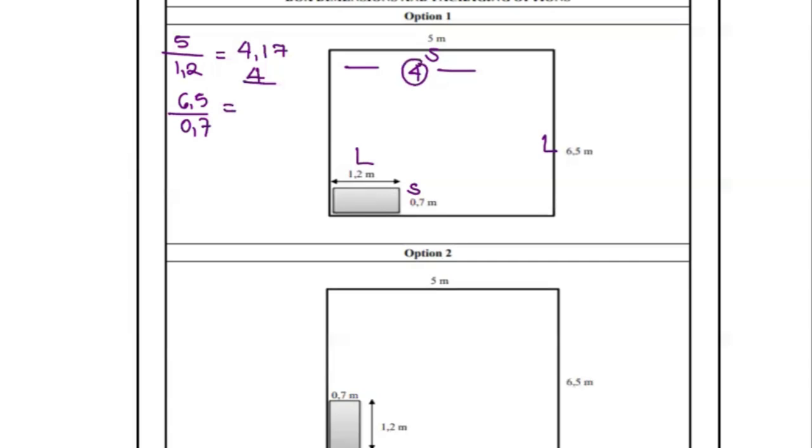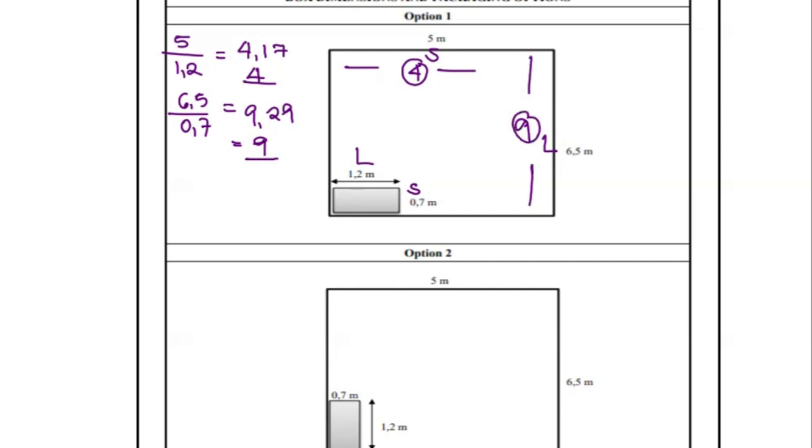What about on this other side? So we are dividing and finding out 6.5 divided by 0.7. The answer is 9.29. Boxes can't be in halves. These are 9 boxes. So on this other side, which is the longer side, we shall need 9 boxes.